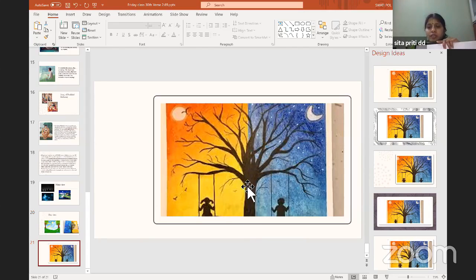If you are drawing this picture, before you draw the tree, you will have to color this. Or maybe you can just draw the tree in the center and then color this part blue, color this part orange.